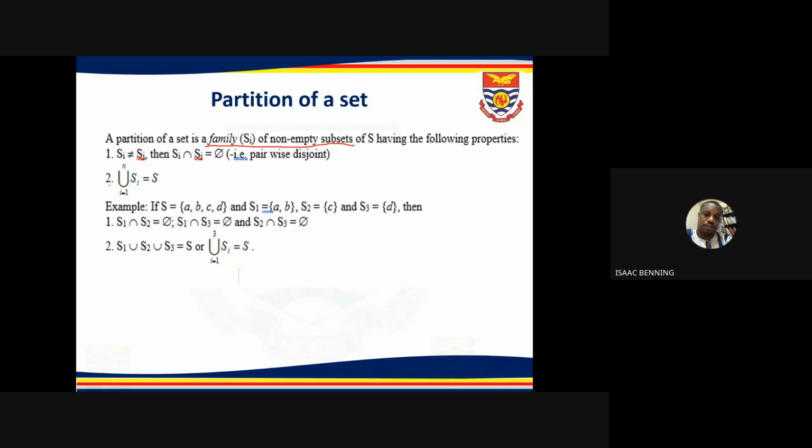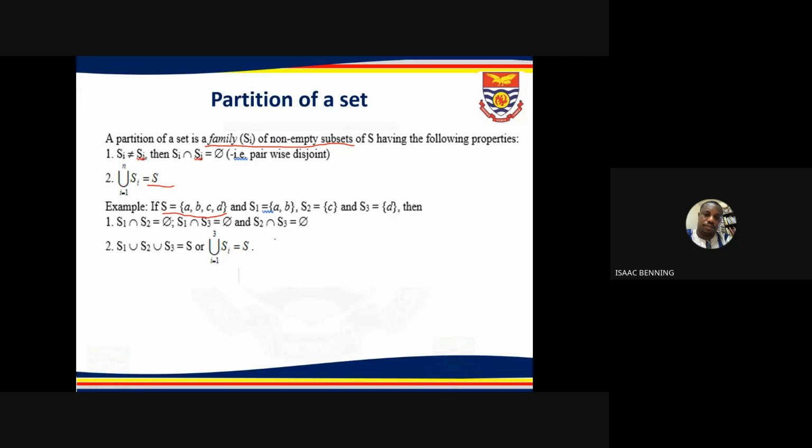Then condition number two, when we find the union of all the subsets, it should give us the original set that has been given. So for example, if we have a set with elements A, B, C, D, then we can form subsets from this set.